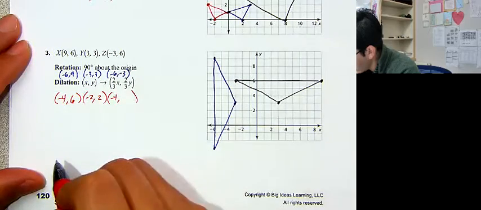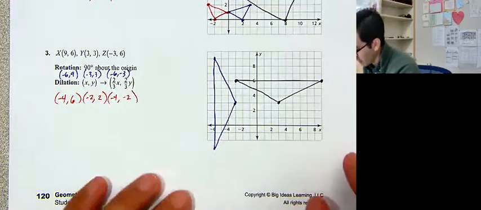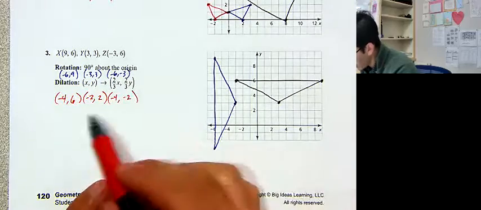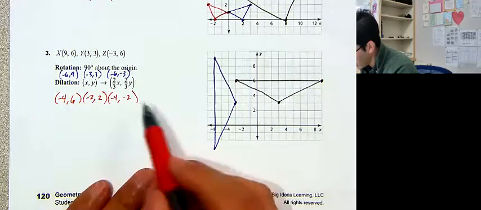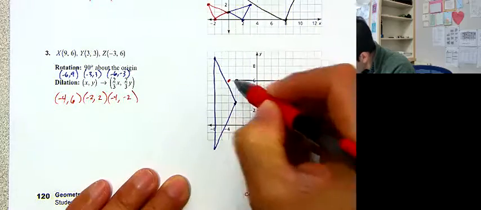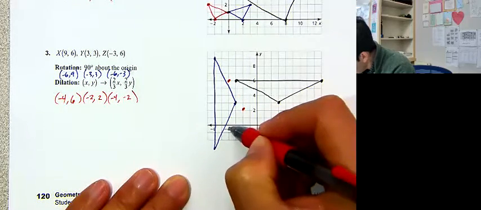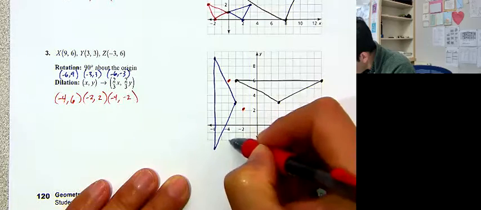And -3 times 2/3, -2. All right, hopefully I did all that correctly. All right, so let's go ahead and plot these new points. -4, 6, -2, 2, and -4, -2.